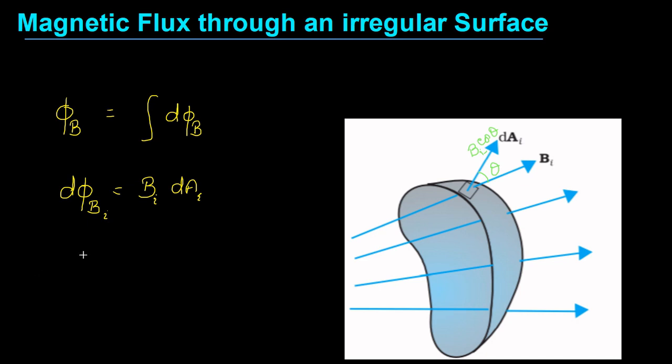So total flux phi b equals the integration of all these d phi b i sections. So many sections are there.